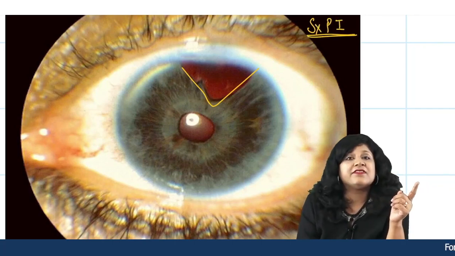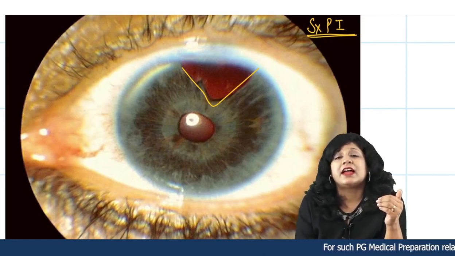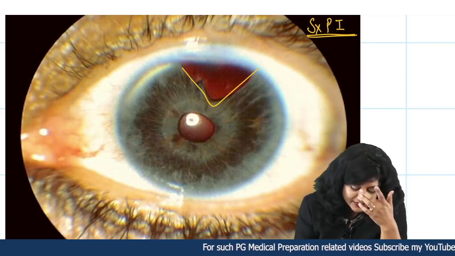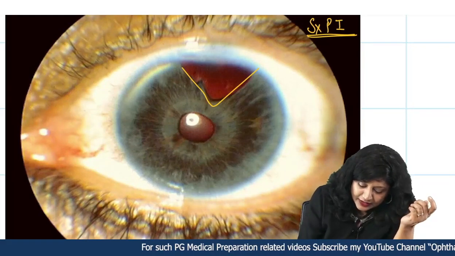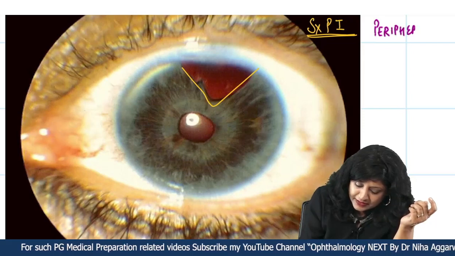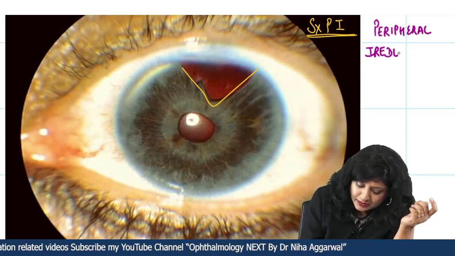So the De Wecker scissors is used for the cutting of the iris when we are doing it surgically, right? This is called peripheral iridectomy.